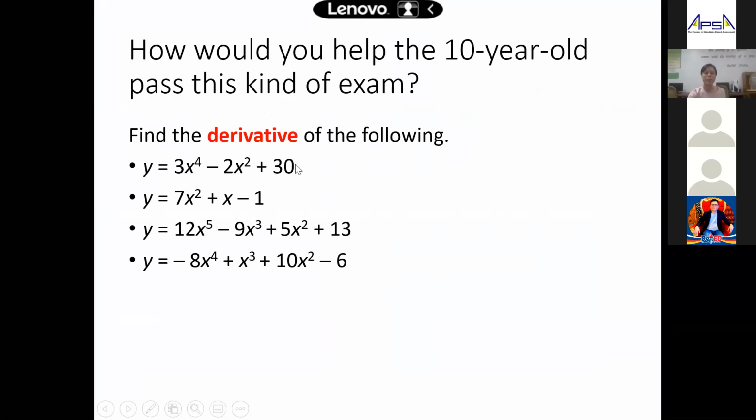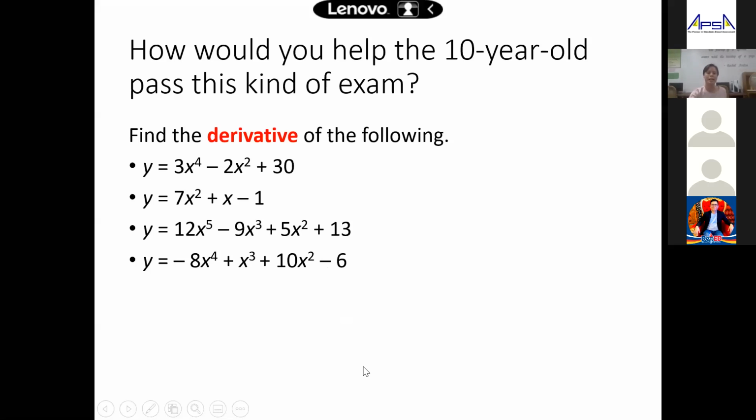So katulad ng mga ito, you have y equals 3x to the 4th minus 2x squared plus 30 and so on. Di ba madali lang naman kunin yung derivative? Imagine niyo kung may anak kayo, 10 years old, kayang-kaya siyang turuan. 3 times 4, di ba? All of the processes that you need are just multiplication and addition.